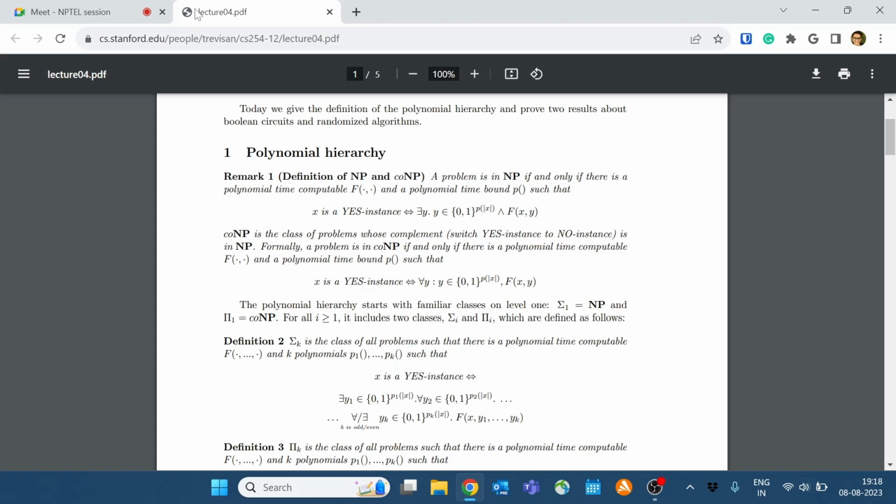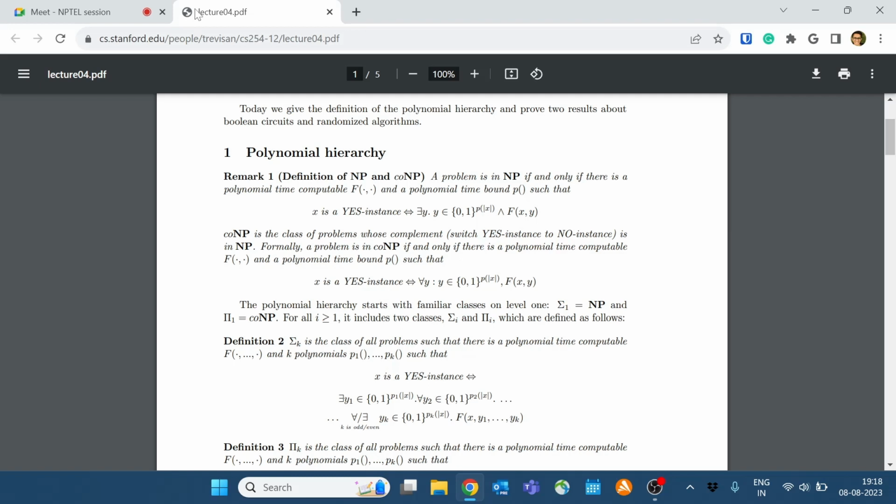What does this mean? There exists y such that y is not in {0,1}^p(x), or this. So I think this is always true, right? This statement is always true. There always exists a y which is not in this. But then to make this true, this has to be true, right?